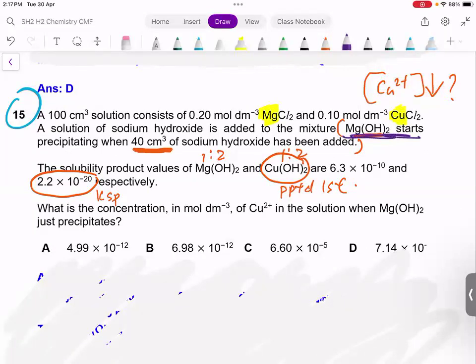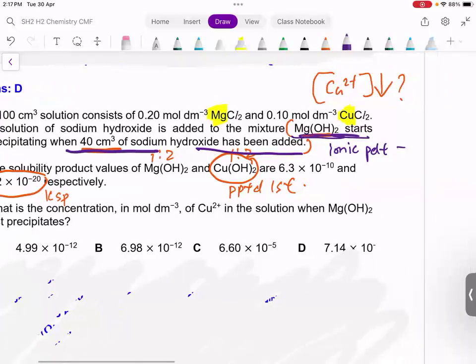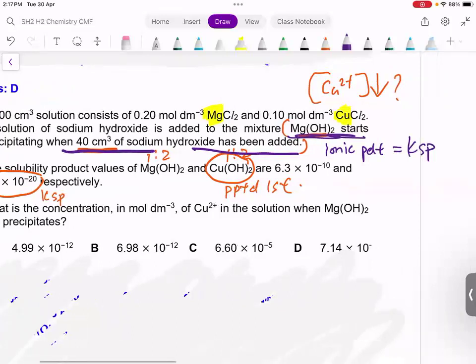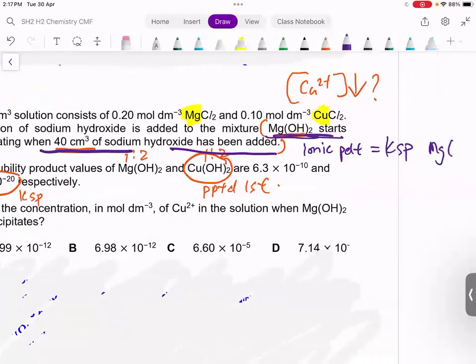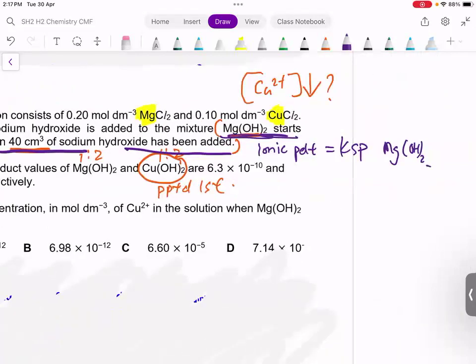Very important. So what's the importance? This means that the ionic product of magnesium hydroxide must equal the corresponding Ksp of magnesium hydroxide. So this is what you can conclude from here. When magnesium hydroxide is about to precipitate, the ionic product must equal the corresponding Ksp.